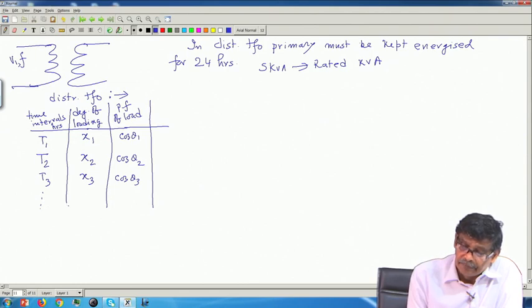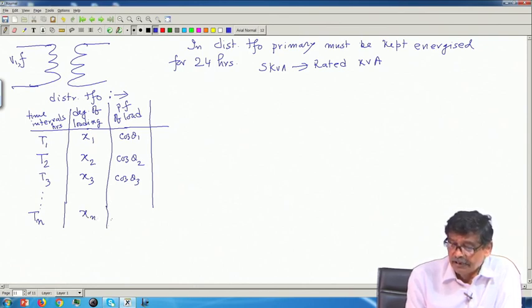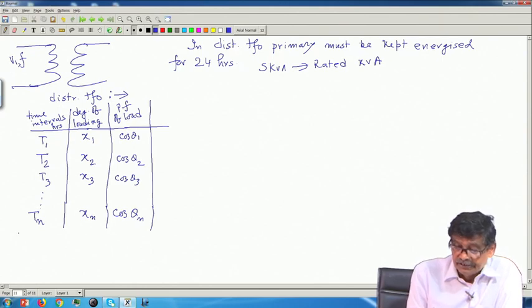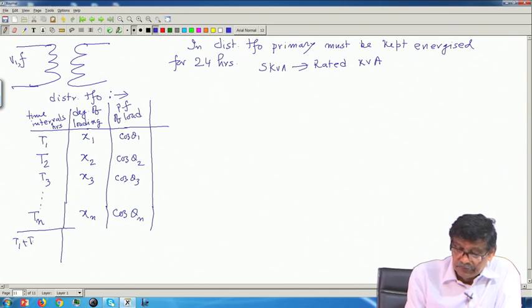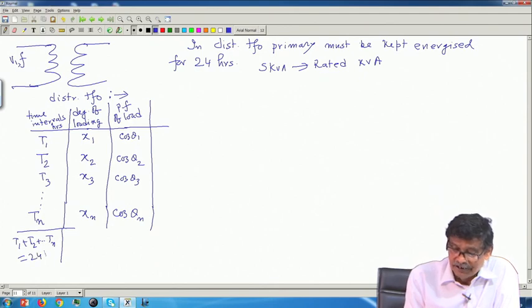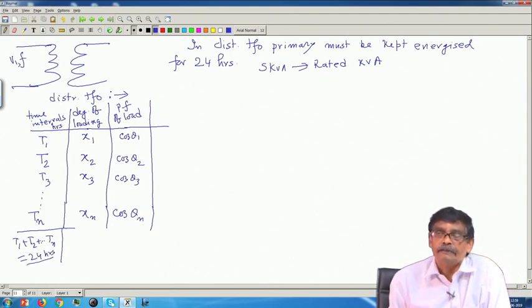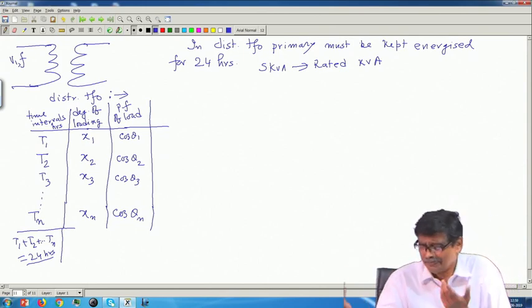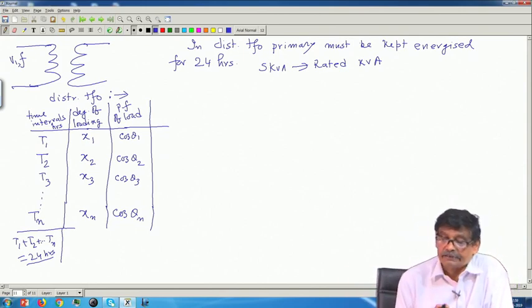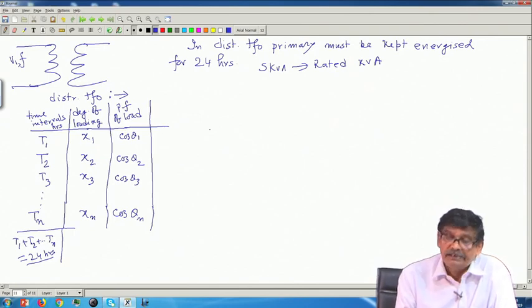In this way, for the last Tn hours, xn is the degree of loading and cosine theta n is the power factor. This sum, T1 plus T2 plus up to Tn, is 24 hours over a complete day, such as the first 6 hours, next 12 hours, next 6 hours. This will be the thing.